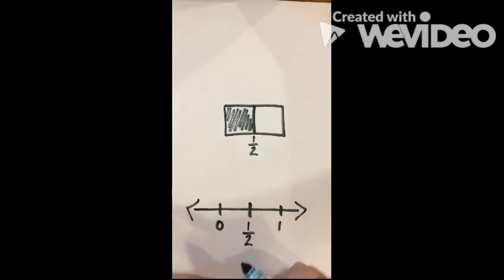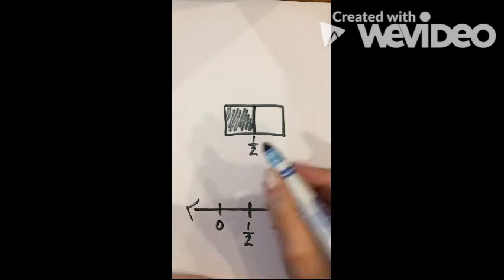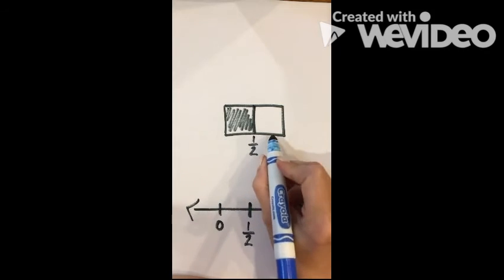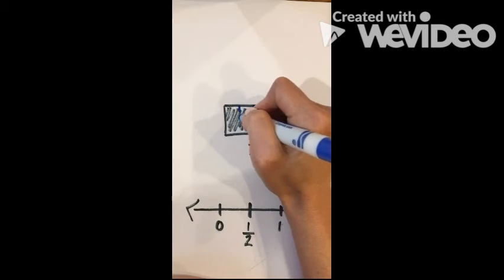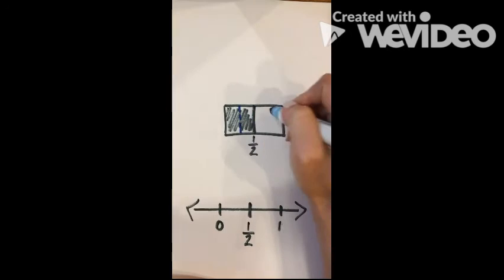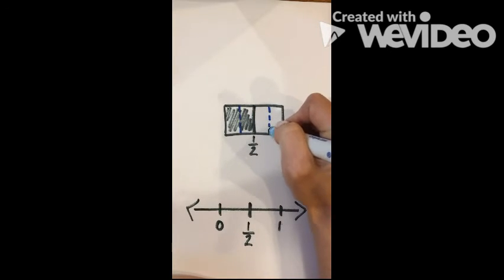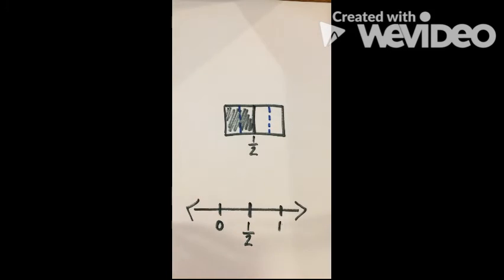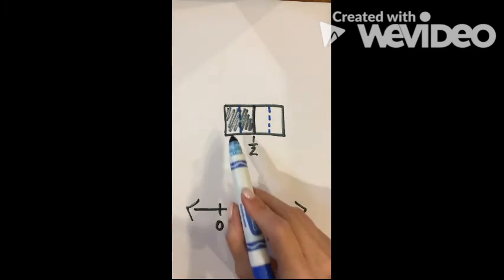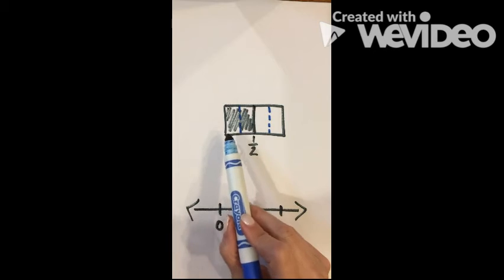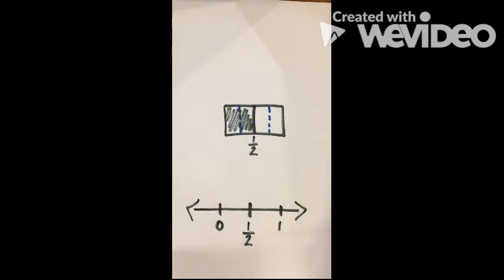So I am going to come up, and we are going to divide each half. We're going to decompose it, break it apart into two equal pieces. So we no longer have two equal pieces, but by decomposing our half into two more equal pieces, we have 1, 2, 3, 4.